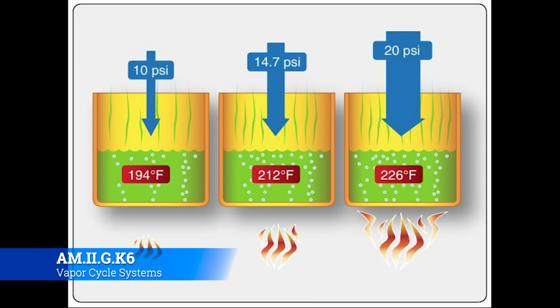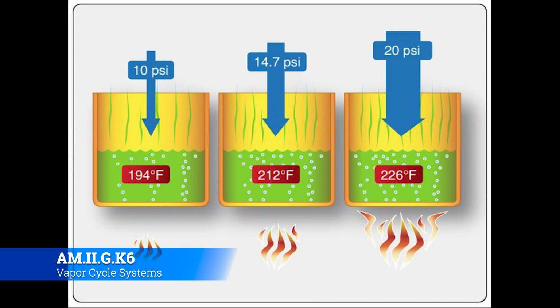Now, vapor pressure is the pressure of the vapor that exists above a liquid in an enclosed container at any given temperature. The vapor pressure developed by various substances is unique to each substance, and a substance that is said to be volatile develops a high vapor pressure at a standard day temperature. This is because the boiling point of that substance is much lower.